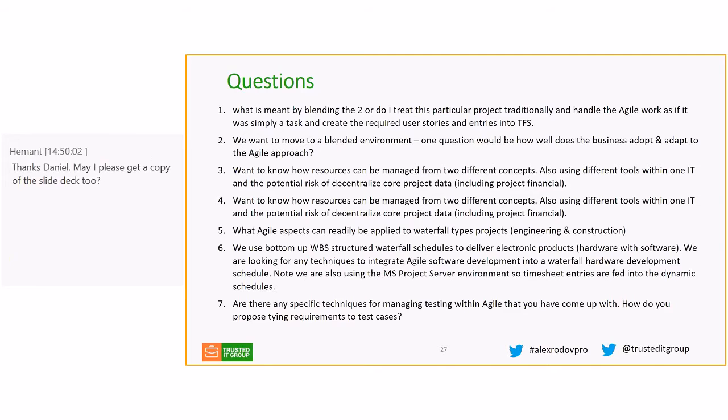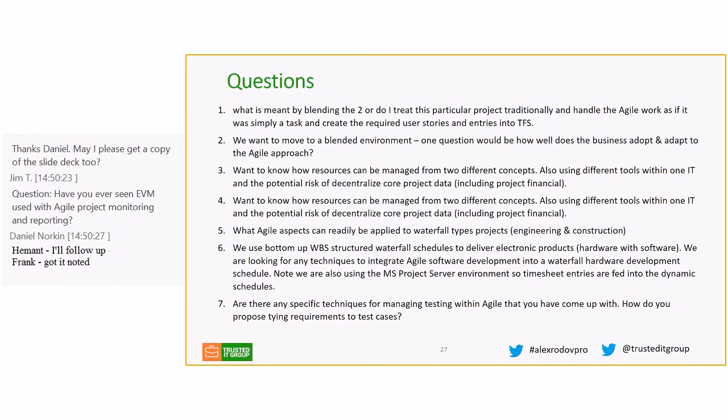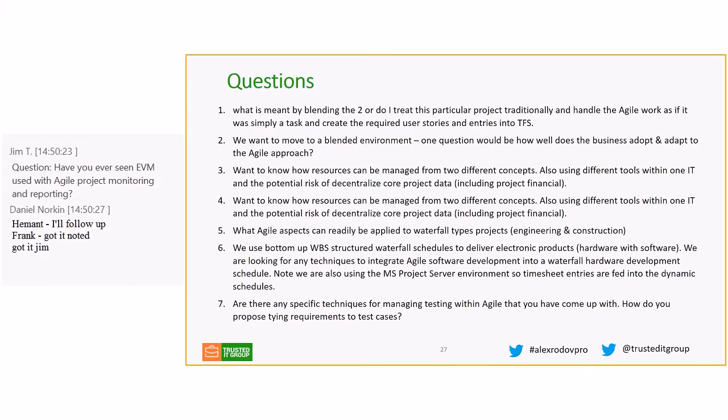What is meant by blending the two, or do I treat a particular project traditionally and handle Agile work as simply a task, create the requirement and user stories, and enter them into TFS? So yeah, there's an example from TFS, Team Foundation Server, or Visual Studio Online. In larger projects where you have Agile work inserted, you may create a schedule with all the timelines.